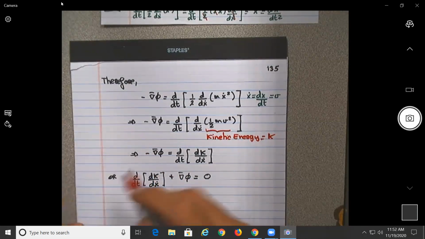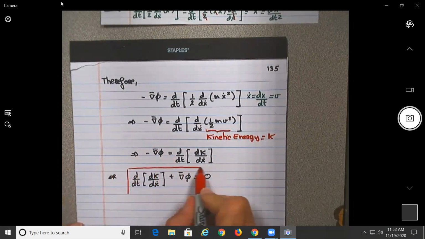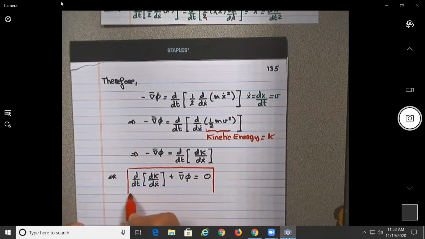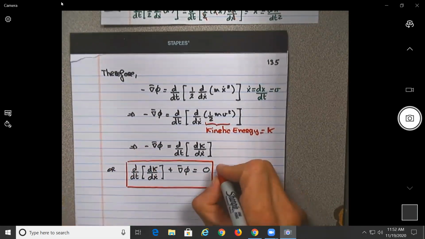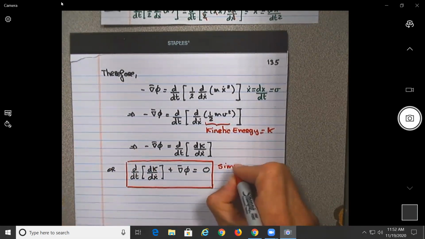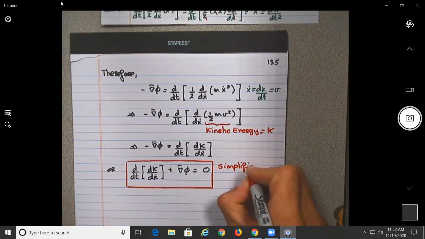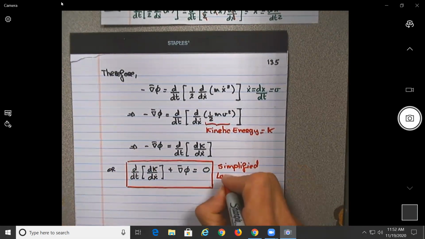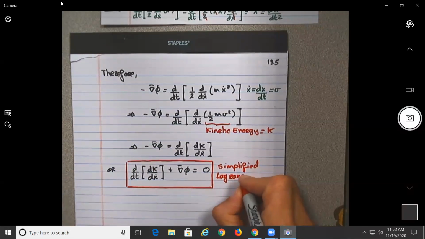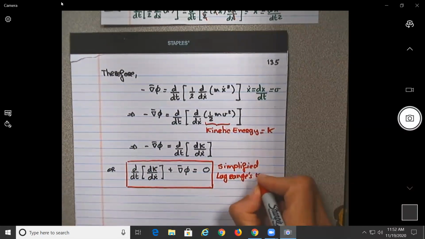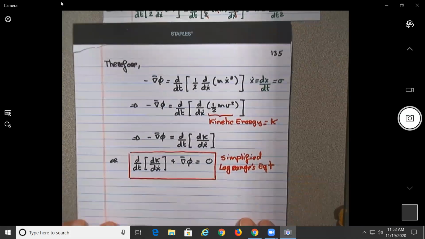Okay? So if you want, this will be my version of the simplified Lagrange equation.